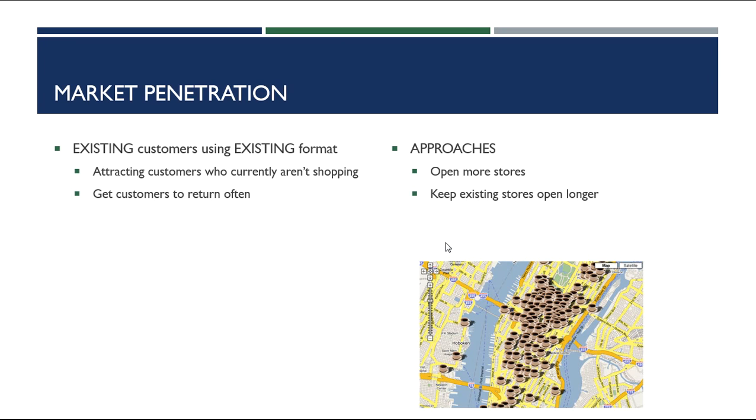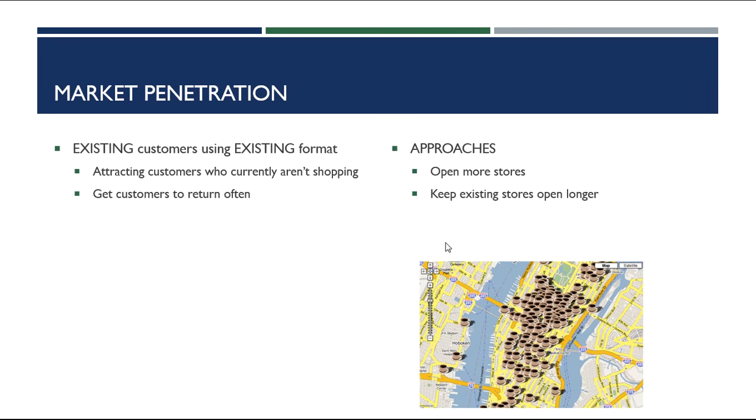Another approach to market penetration is to just keep your store open. So add some existing or some extended hours. So I used to work at a paint store for a paint company, and our paint stores closed at noon on Saturday. And so we closed at noon because we didn't really have very many customers on Saturday.